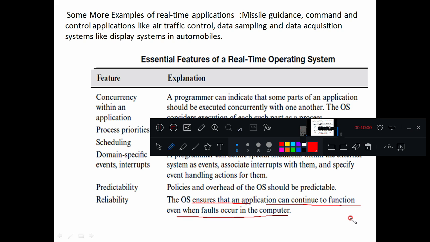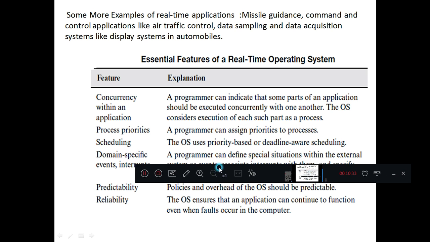If a particular resource has some problem, then the OS must ensure that the user process is not halted. It should be continuously running, and in that case the operating system has to maintain some extra resources. Those extra resources should be assigned to the user processes so that they cannot be halted. Okay, so these are the different features of a real-time operating system.